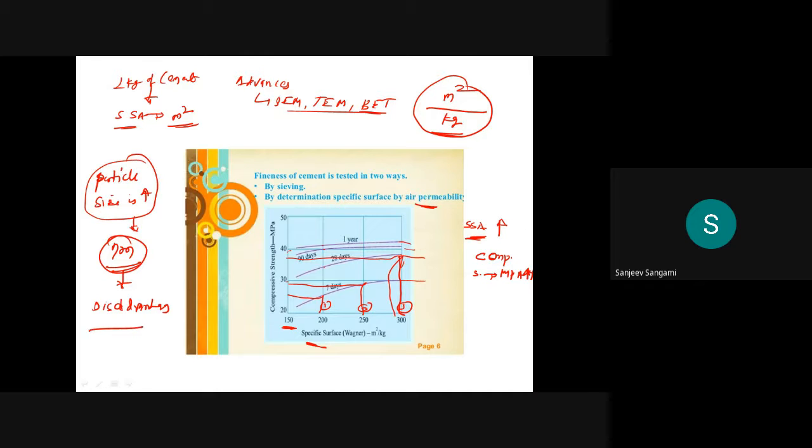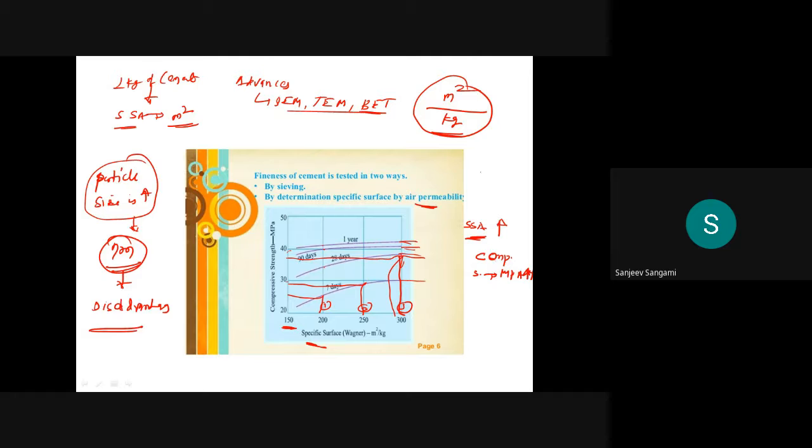Okay, some particular fineness is required, because if you see this curve, at some point it almost goes flat, which means even the surface area has some restrictions. So we know that as the surface area is increasing, compressive strength is increasing.